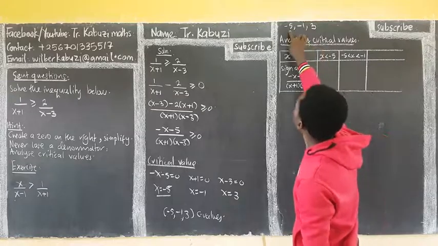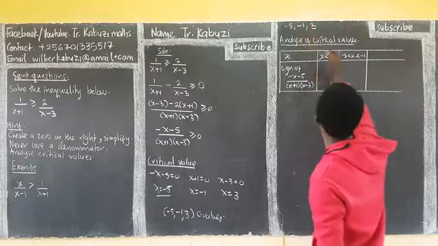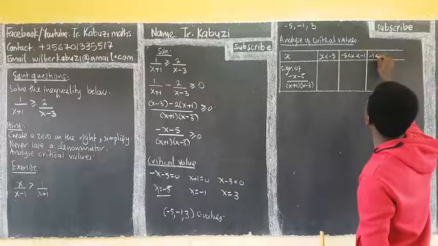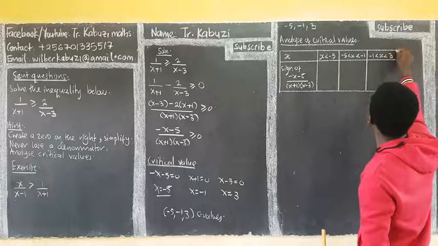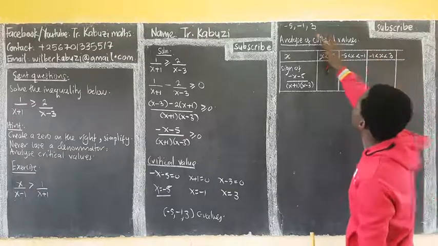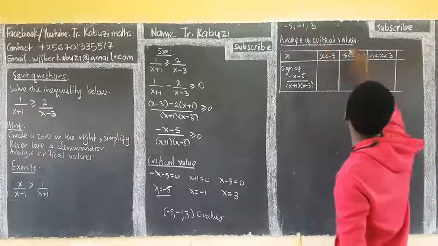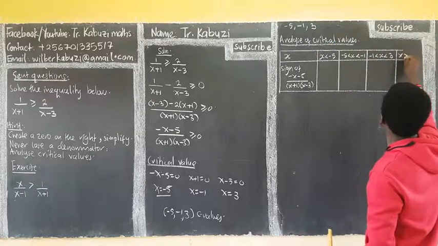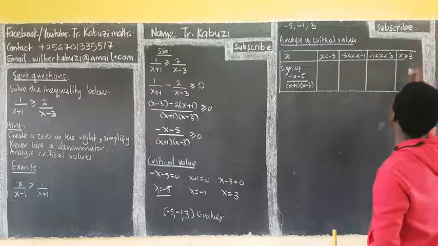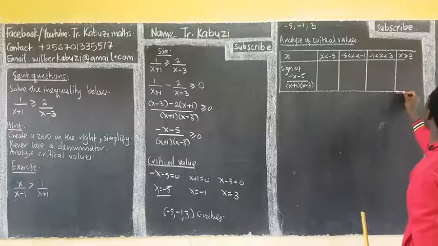Then between this and this, so negative 1 less than x less than 3. Then after that, you analyze above 3. So for x greater than 3. So that's how my 4 columns come out.